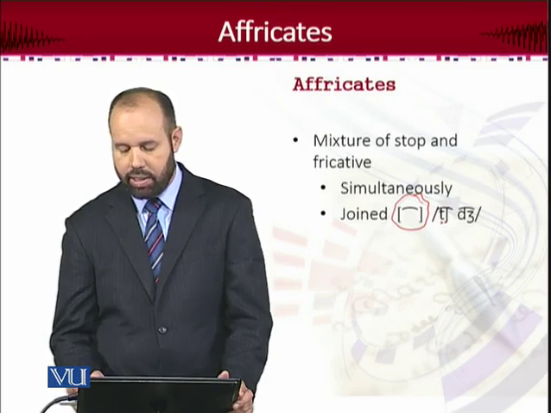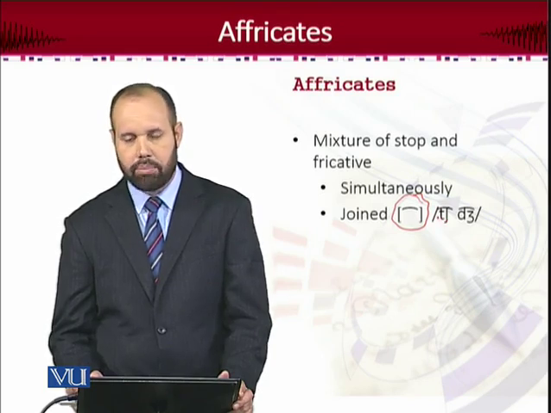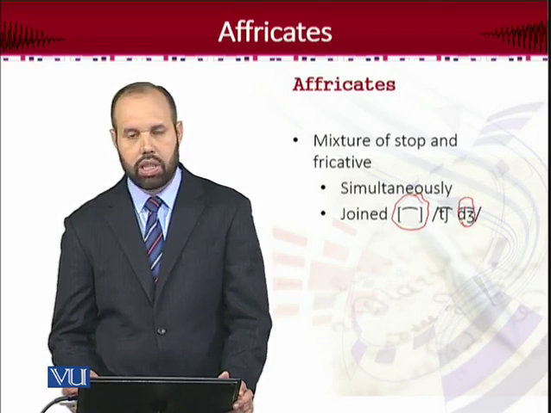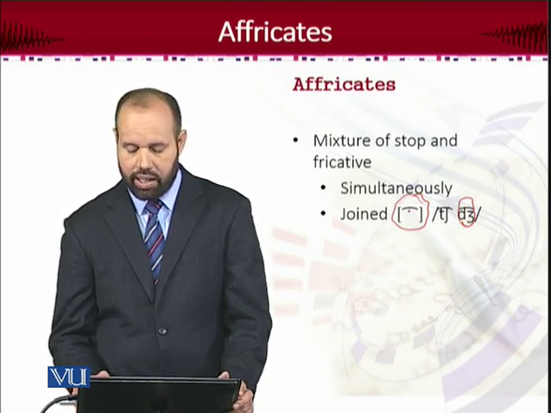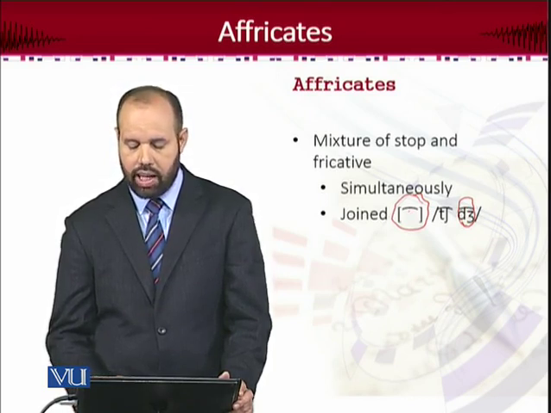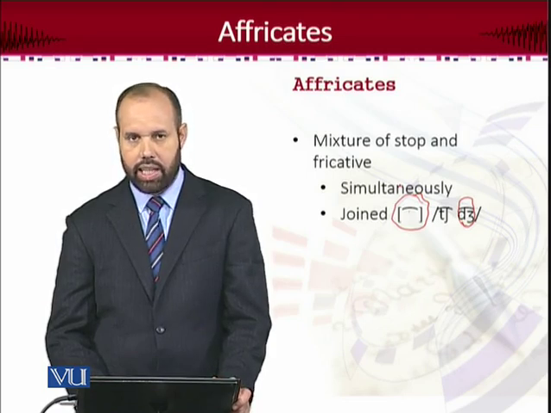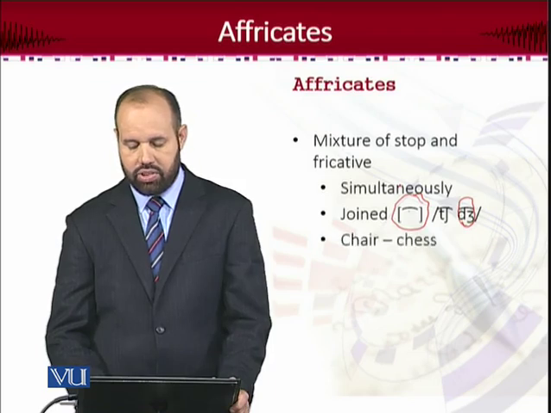But when they are simultaneously produced, then it becomes ch. Similarly, this is a d sound and this is a zh sound. But when these two sounds are pronounced simultaneously, then it becomes j. And this tie bar is put above these two sounds. They are joined together through this tie bar. So affricates are two sounds joined together, simultaneously pronounced, and the result is an affricate sound.